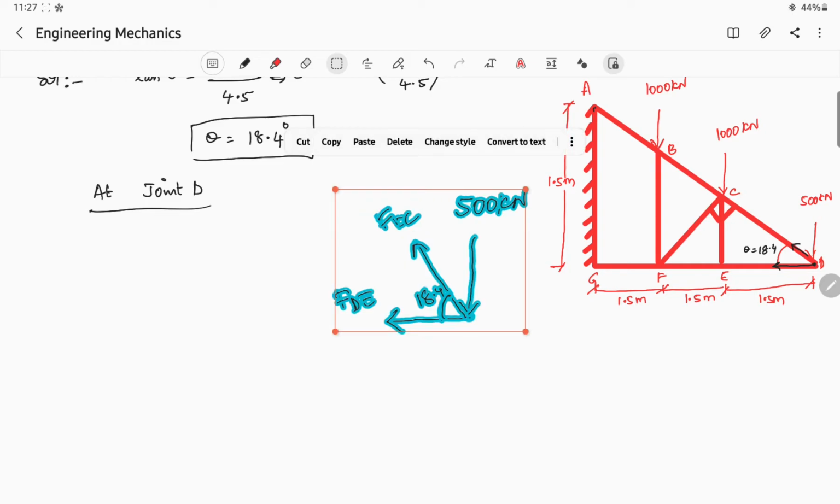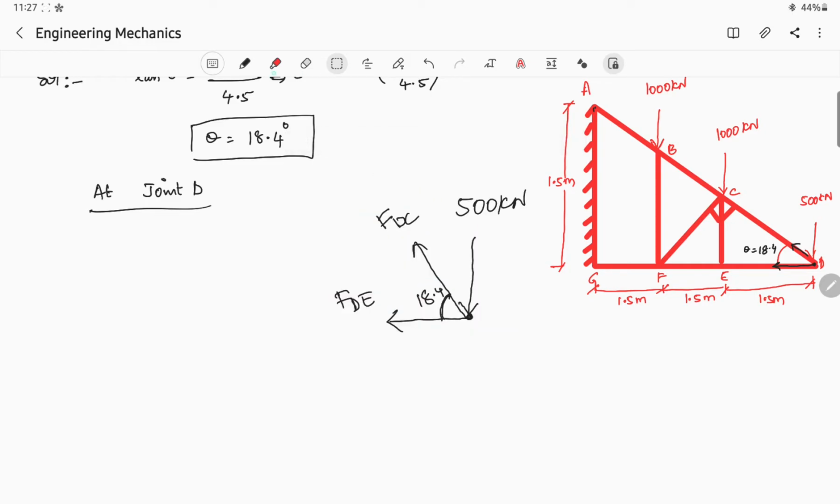So these are the forces. For an inclined force we take two components. So force in member DC will have components FDC sine 18.4 and FDC cos 18.4.